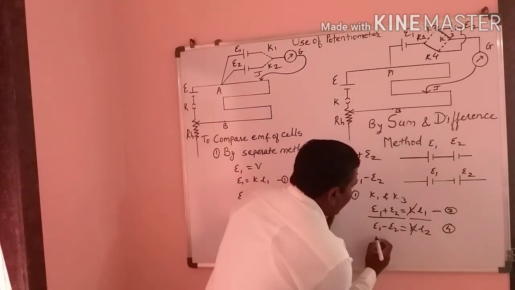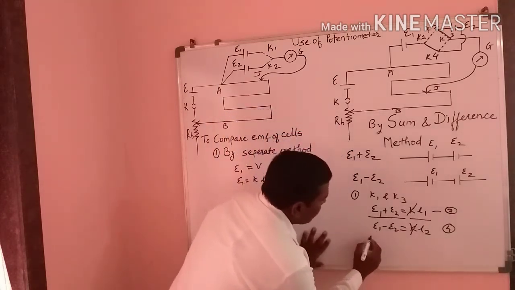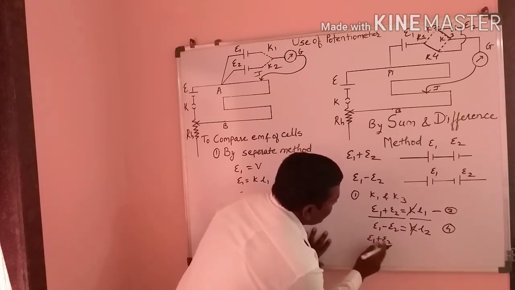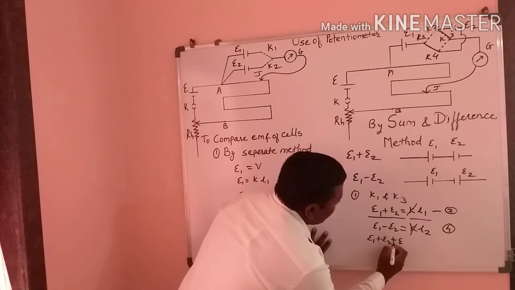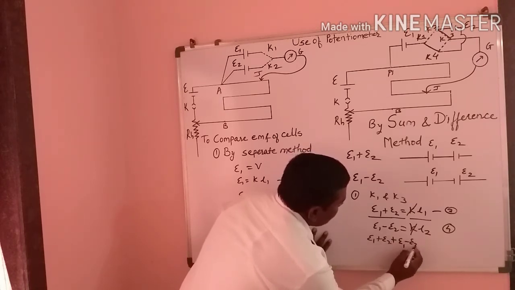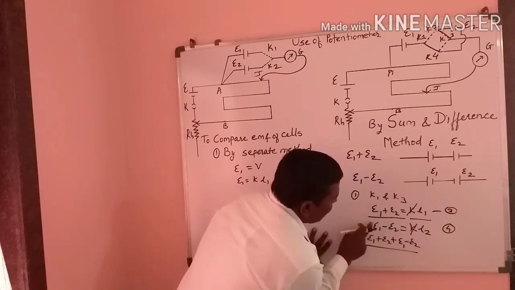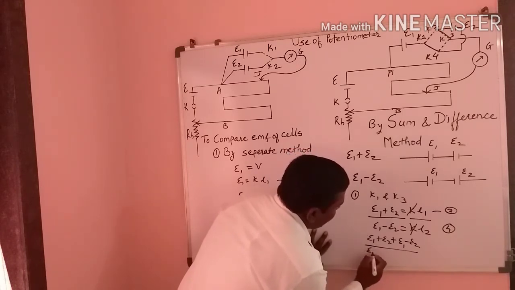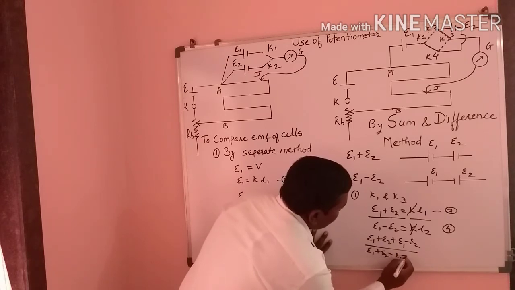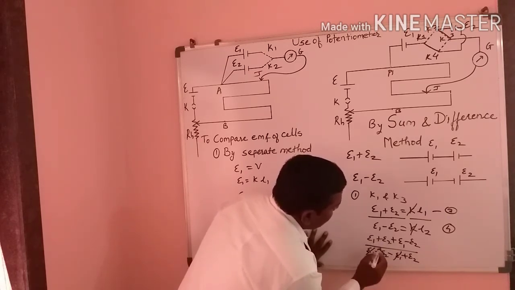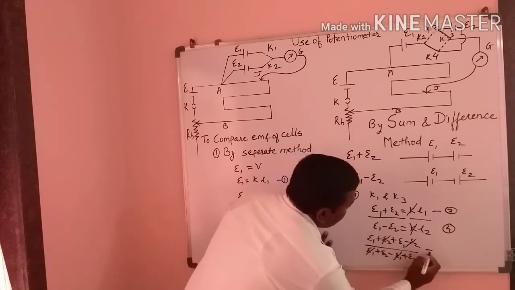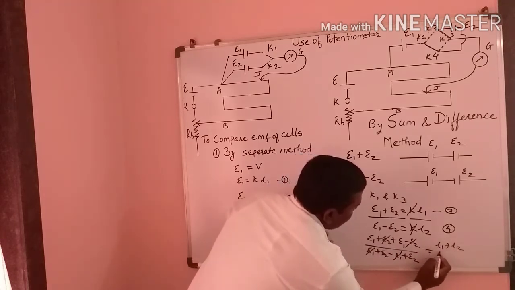In the denominator, these terms cancel, the E2 cancels, leaving L1 plus L2 upon L1 minus L2.